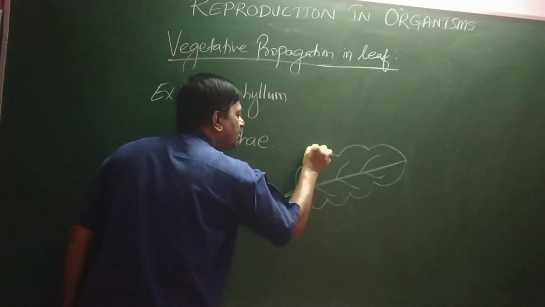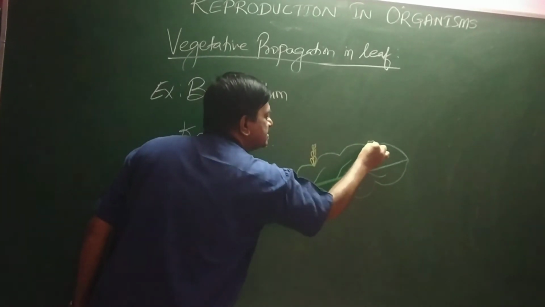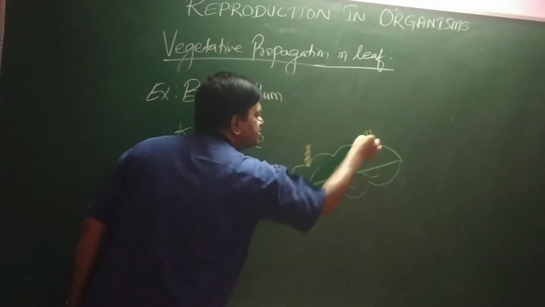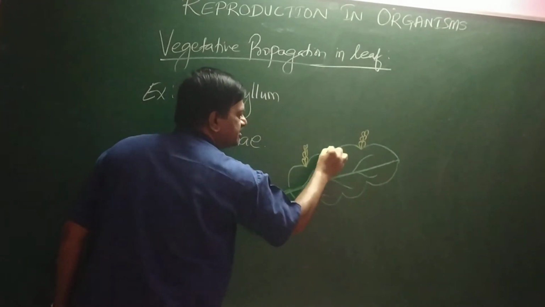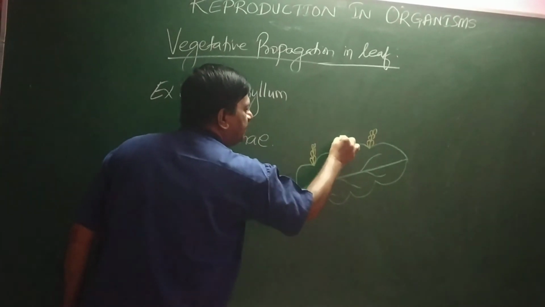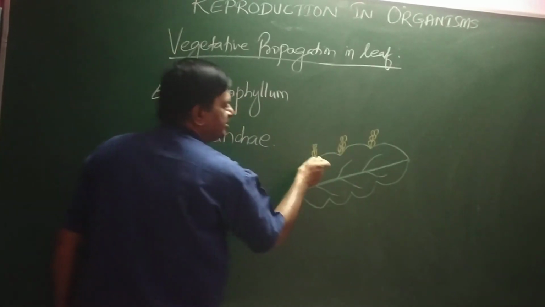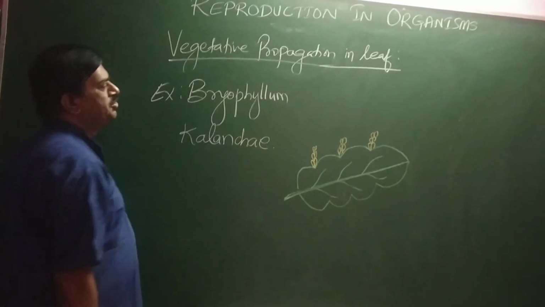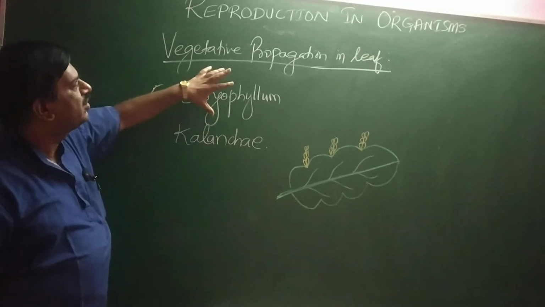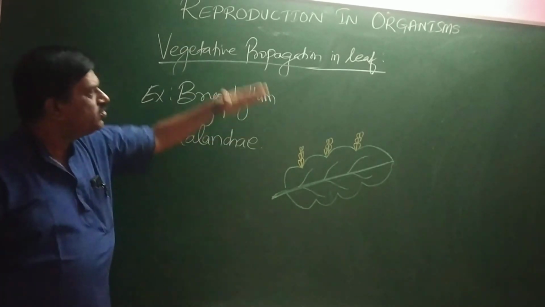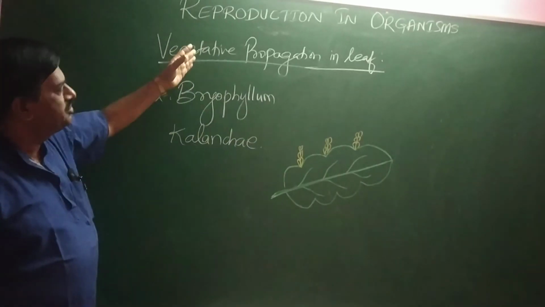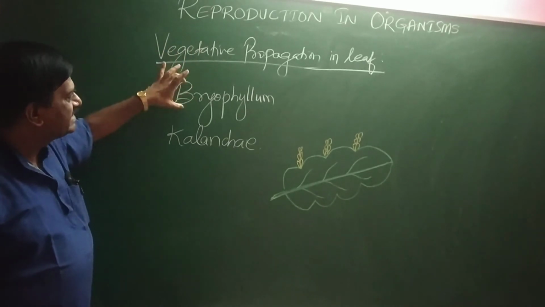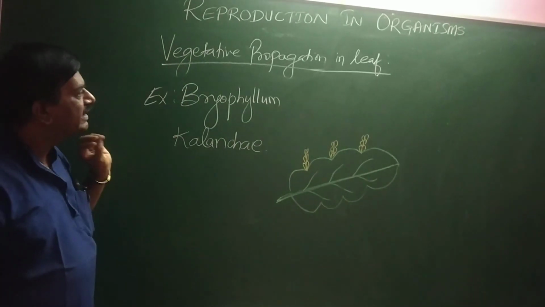So, at the leaf margins, in the notch regions, new plant bodies are present. When this is cut off, it gives rise to a new plant body. Hence, even the leaf helps in vegetative propagation. So, example, bryophyllum and Kalanchoe.